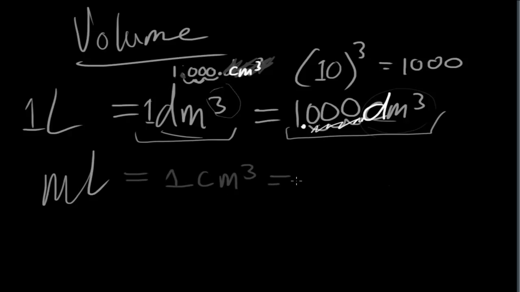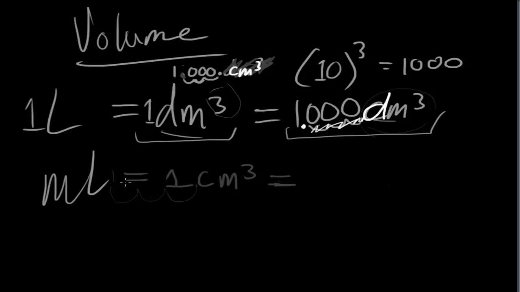And say we wanted to convert centimeters cubed into decimeters cubed, what we need to do is shift this decimal point 3 places to the left, so 1, 2, 3.